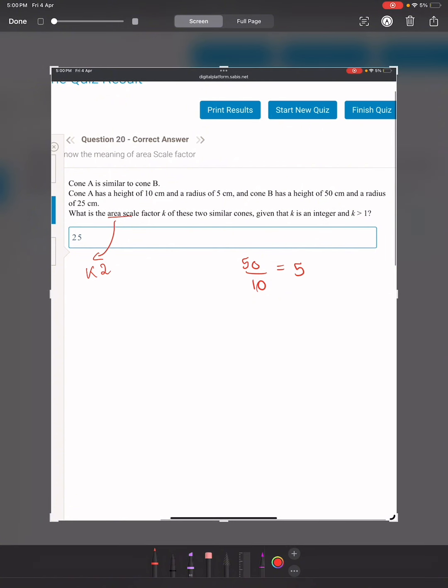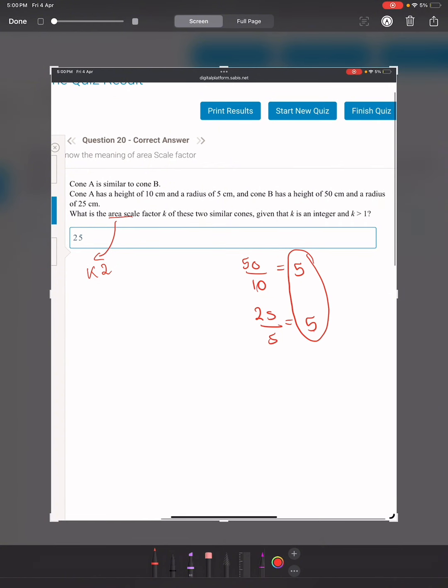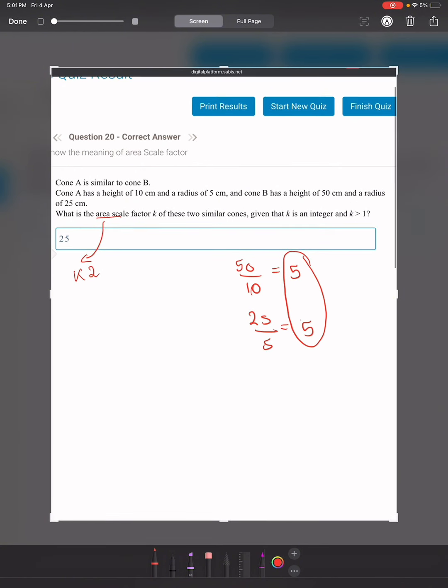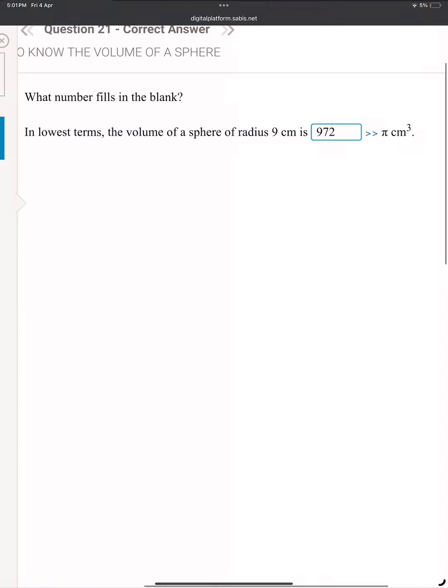We're going to get 5, and then radius over radius, so 25, obviously the bigger one over the smaller one. You get 5. They're constant. What are you going to do now? You're going to do whatever constant ratio you got squared. So 5 squared, you get 25, and that's it.